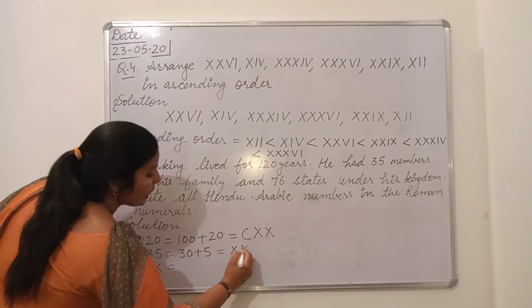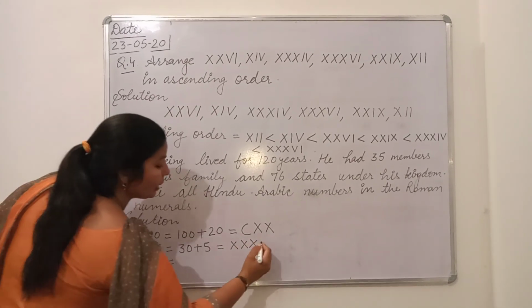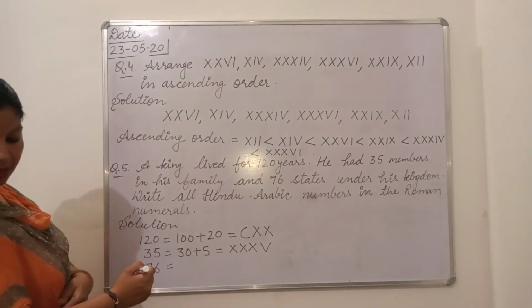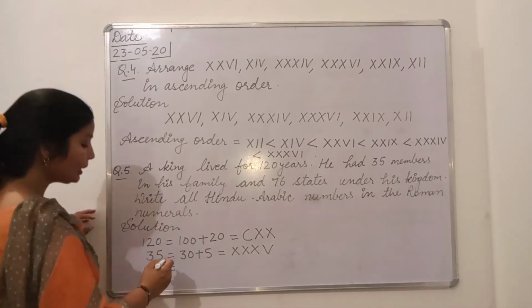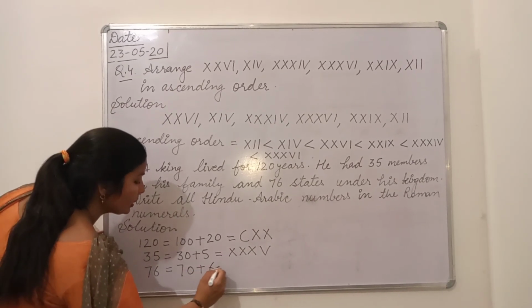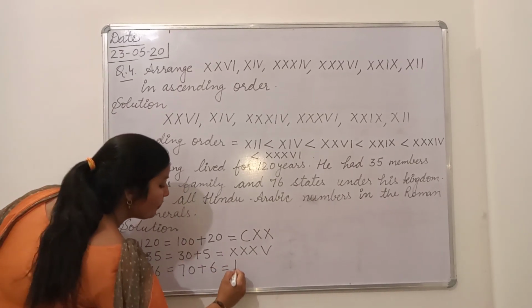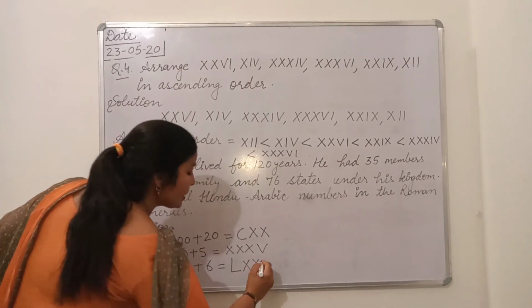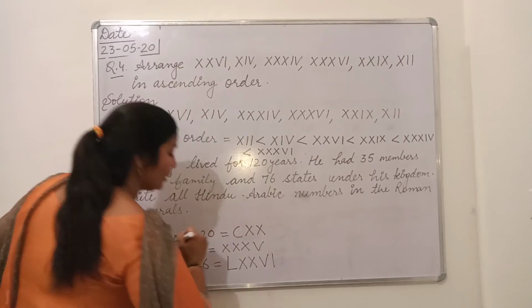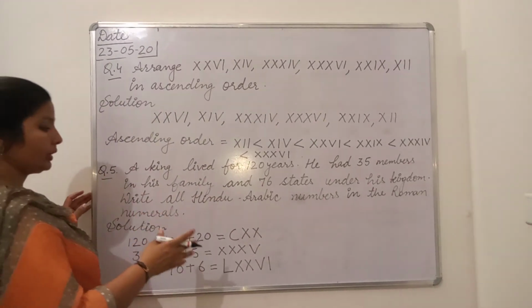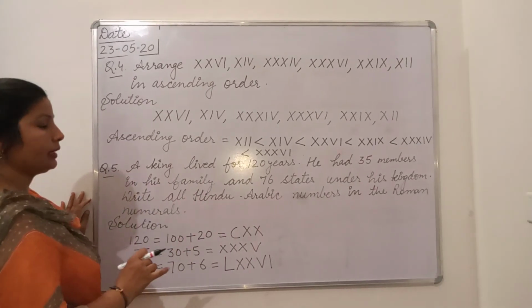XXX. And for 5, V. Next is 76. For 76 what do we do? 70 plus 6. How to write 70? LXX. This is 70 and 6 is VI. So this is 76. So like this you have to write in Roman numerals. That's your solution.